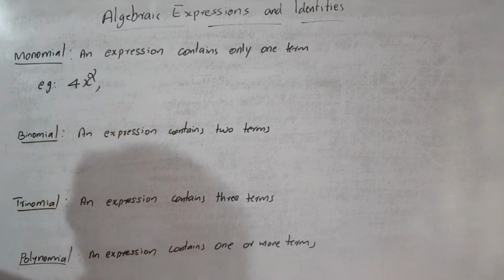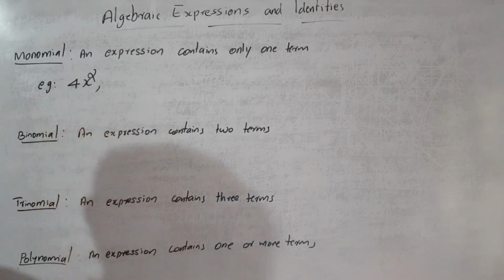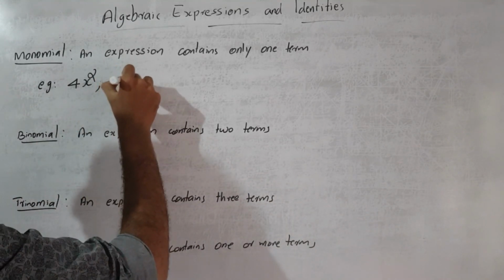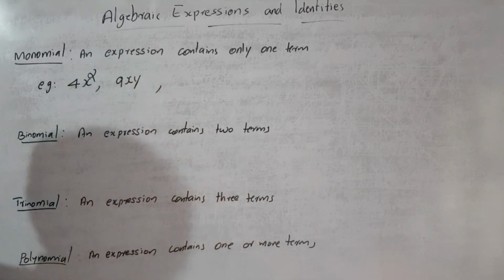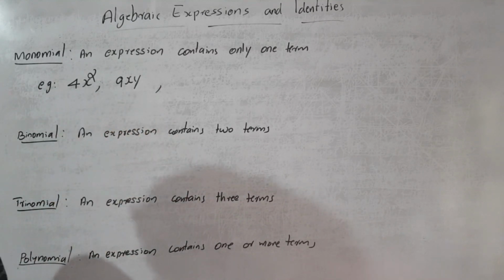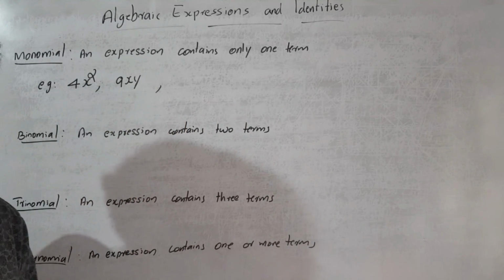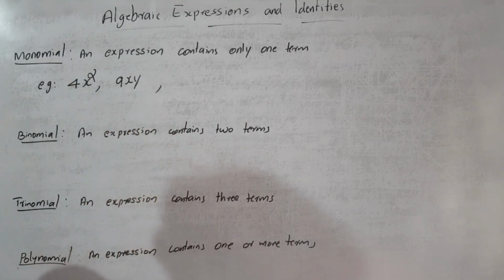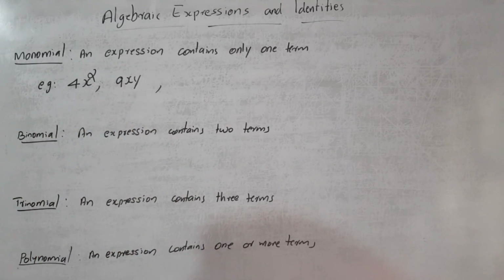Then 4x square is an algebraic expression that contains only one term, so 4x square is a monomial. 9xy is an algebraic expression that contains only one term. It is not separated with the symbol plus or minus. Correct? Only one term is there, 9xy. So this expression is called a monomial.